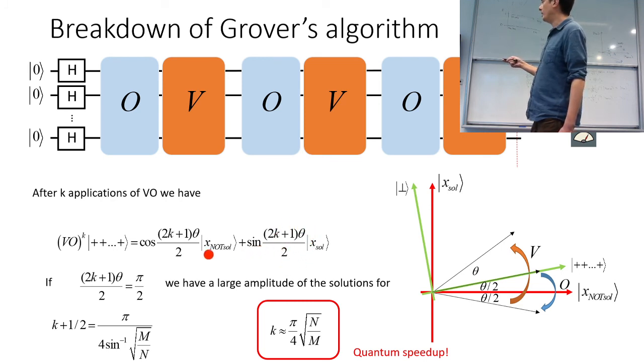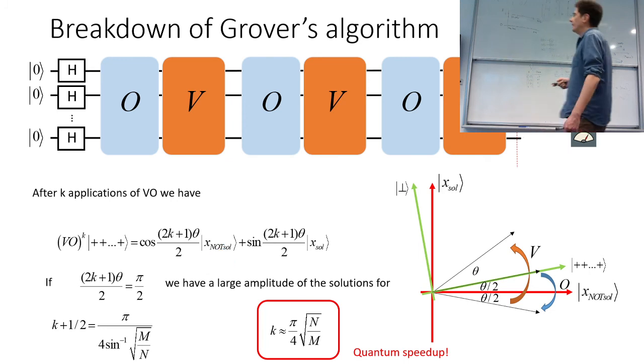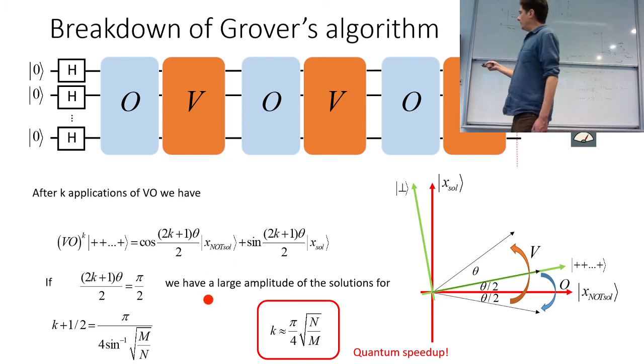Then sine is 1 and cosine is 0. So we obviously want the state to be in the solution and not in the non-solutions. So set that to pi over 2, a simple calculation, and work out what k is.